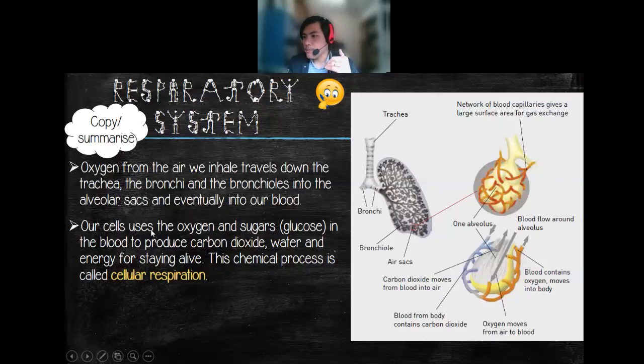Our cells use the oxygen and sugar in our blood to produce carbon dioxide, water, as well as energy for staying alive. So this chemical process is called cellular respiration. So that's how our lungs work.